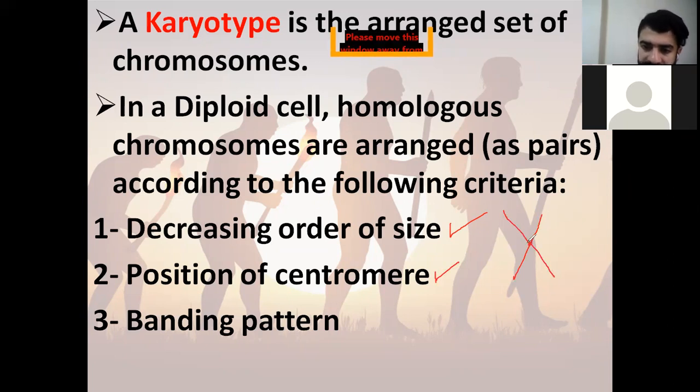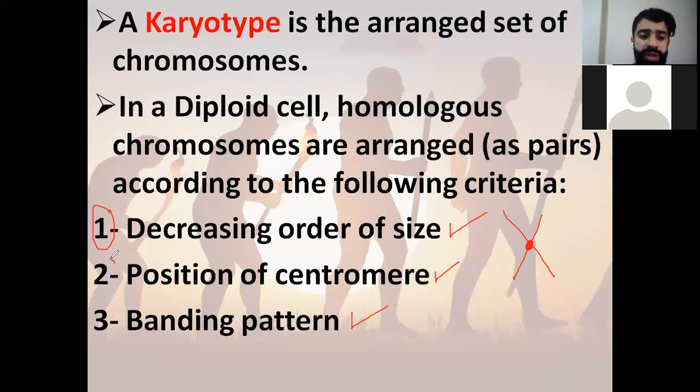The centromere is the attachment site of the two sister chromatids. And according to the banding pattern. So we have three different criteria for the arrangement of chromosomes: decreasing order of size, the position of the centromere, and the banding pattern.